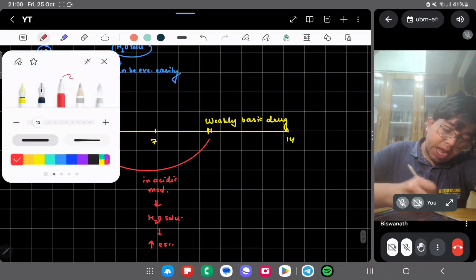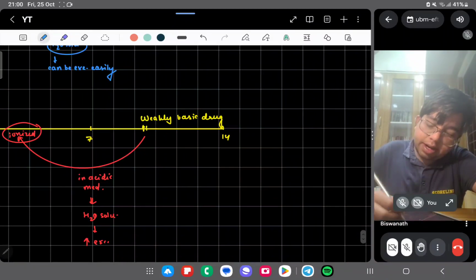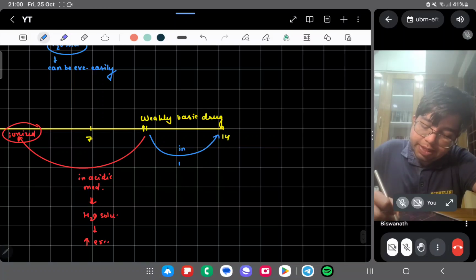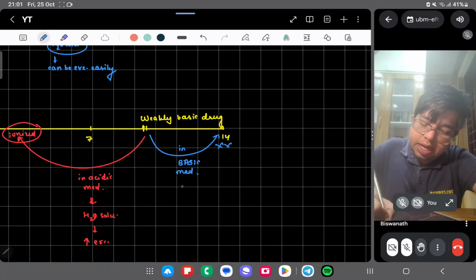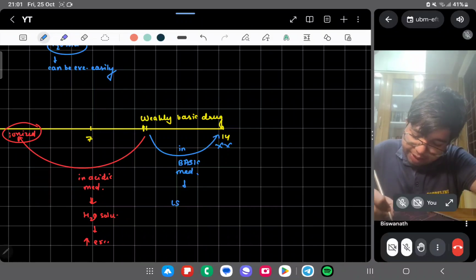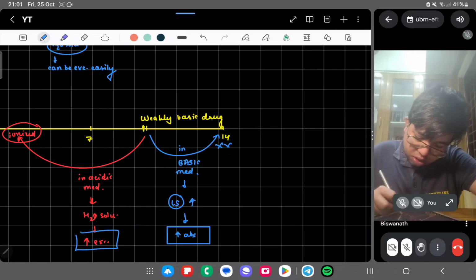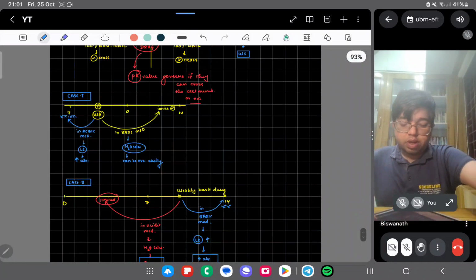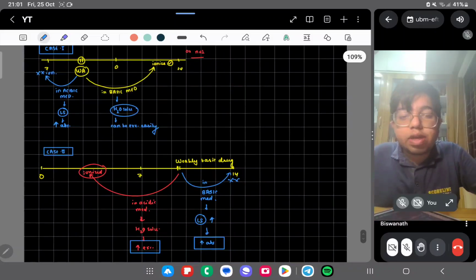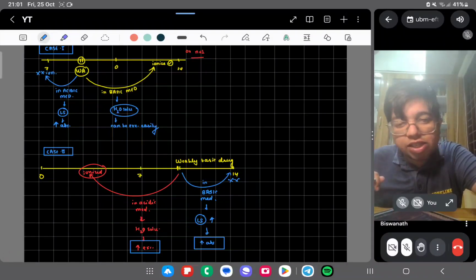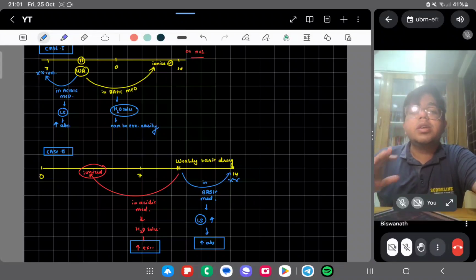If it is put in the basic medium, it will not ionize, so lipid solubility increases and there will be increased absorption. Easy concept. If you understood these two cases, you understood a major concept of pharmacology. Congratulations.